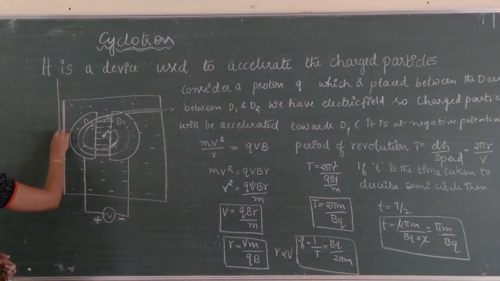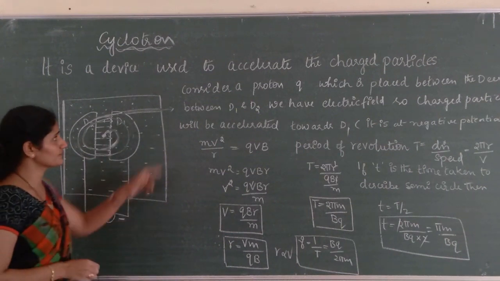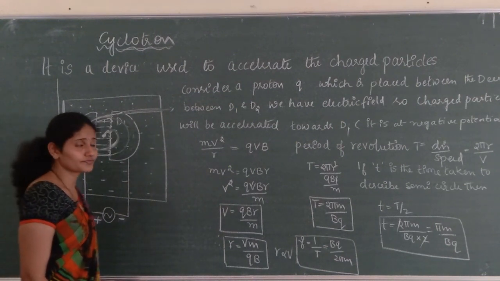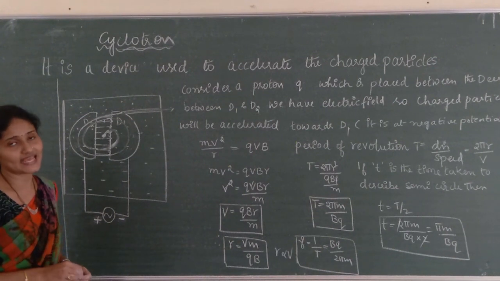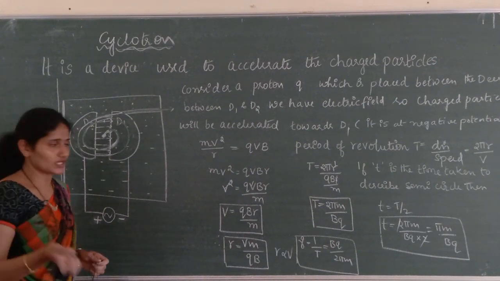Now, let us see what is the expression for kinetic energy of this charged particle. We know that kinetic energy depends on speed, right? As speed changes, the kinetic energy of the charged particle will change.